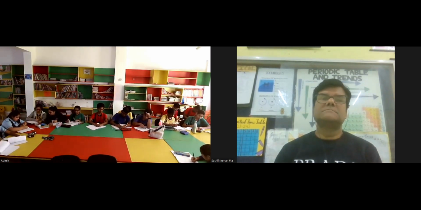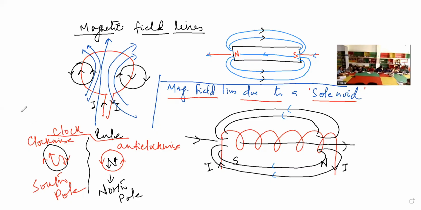So all of you give the heading: force on a conductor. For this, let us have a diagram, and the diagram is like this.